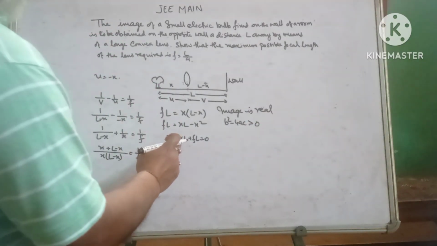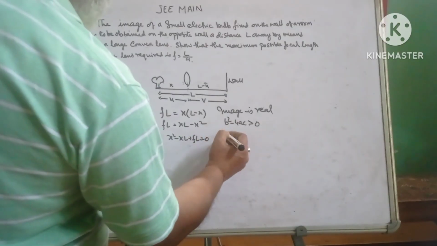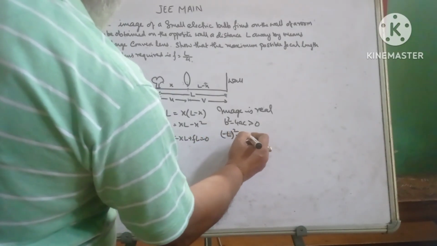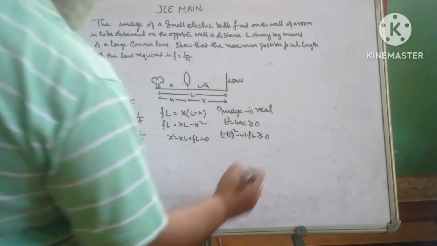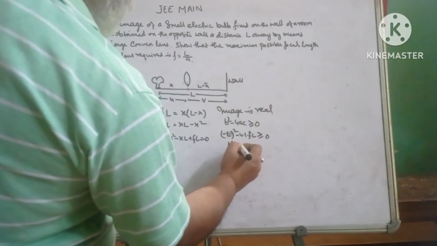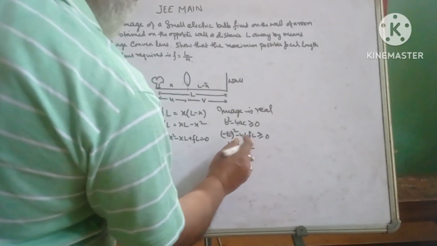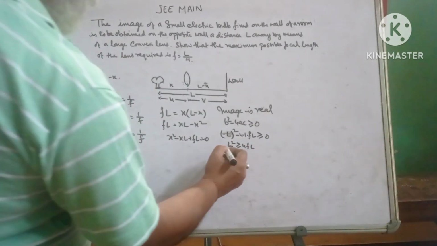So L square minus 4 into 1 into FL must be greater than or equal to 0.